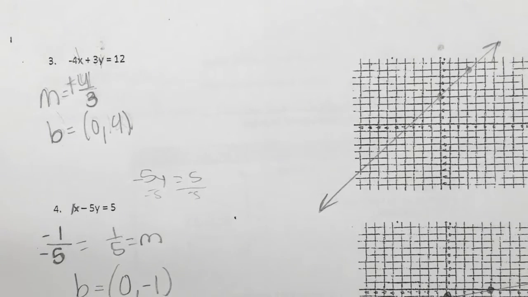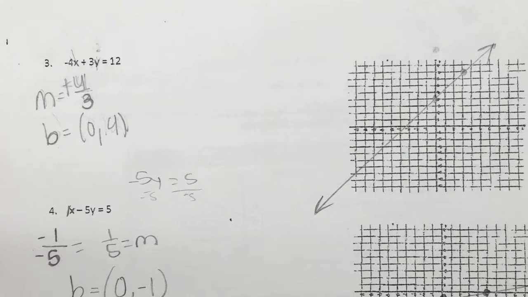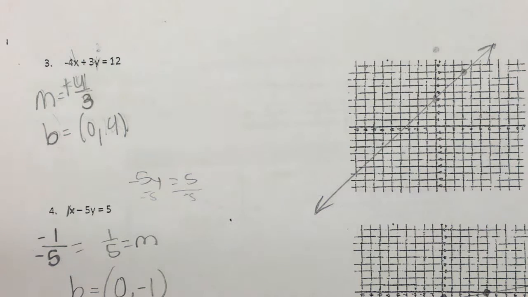Alright, let's look at number 3. Kind of explain how you got this, Madison. Okay. Since it's in standard form, it's negative a over b. So it'll be negative 4x over negative 3. Alright, stop there. Notice she said negative a over b, right?